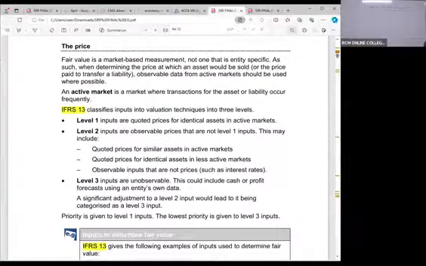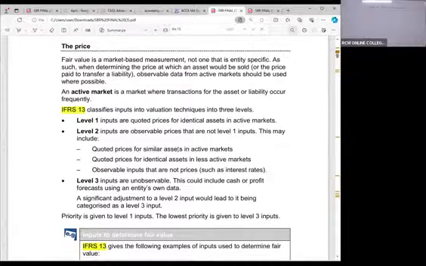For similar assets. Level 2 is for similar, not exactly the same, but quite similar to my house. You could have a house that was sold last week, which is quite close, resembling mine very closely, but not identical.